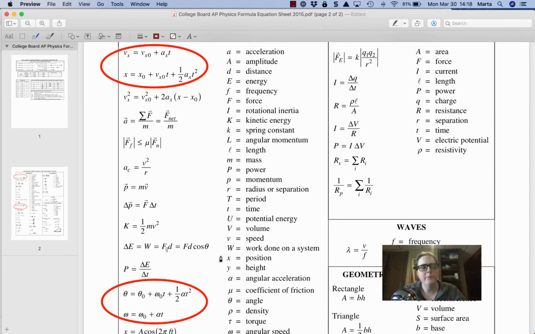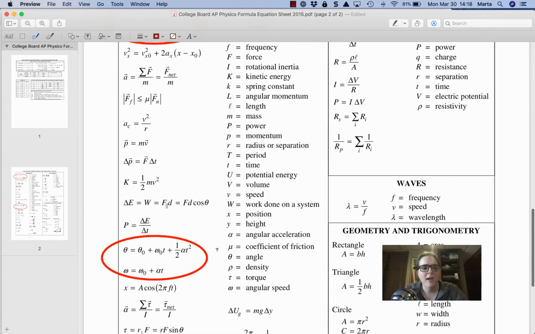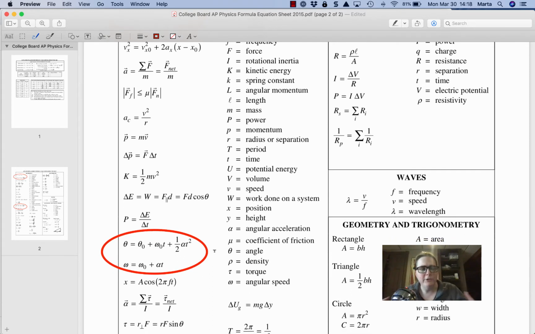Just like the relationships between the graphs are still the same, where slope of angular position versus time is going to be angular velocity, and where slope of angular velocity versus time is angular acceleration, and area of angular velocity versus time is change in angular position. And so we're able to use the things that you learned earlier this year about linear position versus time and linear motion, and we're able to now apply it to these objects moving in a circle.